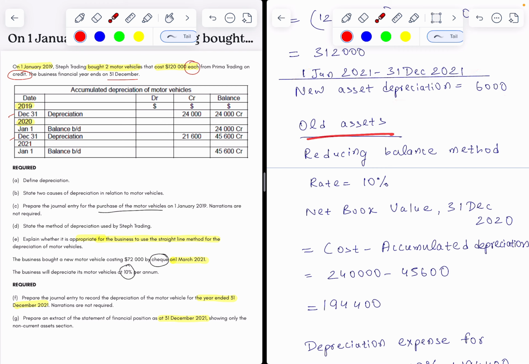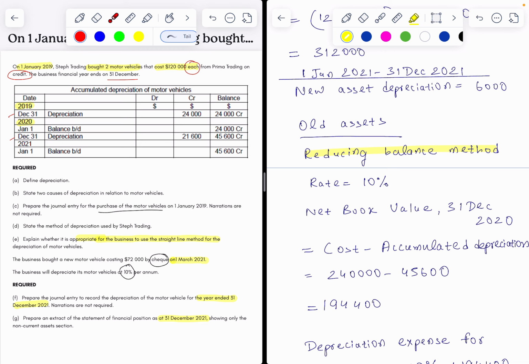Before, we identified that we are doing the reducing balance method based on the depreciation expense, which is clearly decreasing from one year to the next in the ledger account. We also know the rate is 10%. And when you're using the reducing balance method, you always want to find out the net book value at the end of the financial period.